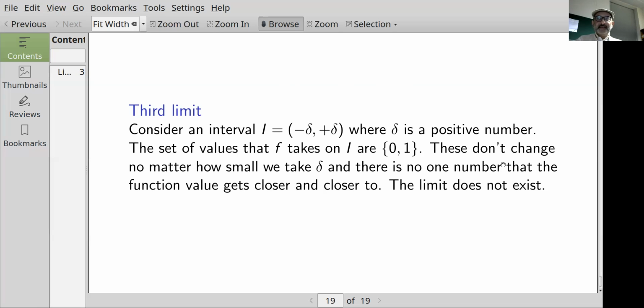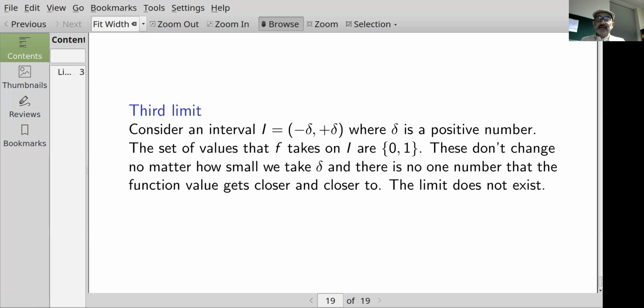So it isn't settling down to a single value. The function values are not getting arbitrarily close to one particular value. These two values, 0 and 1, keep coming up. So in that case, we say that the limit doesn't exist. We'll discuss this again when we consider the directional limits.